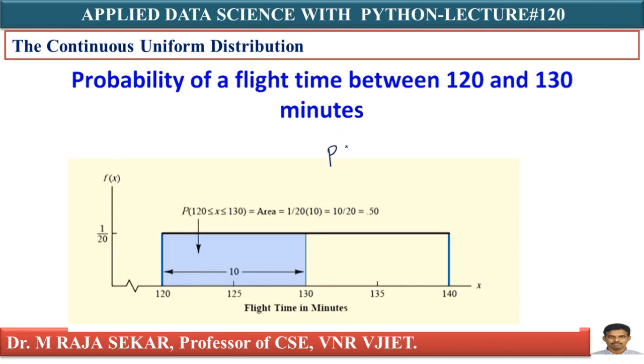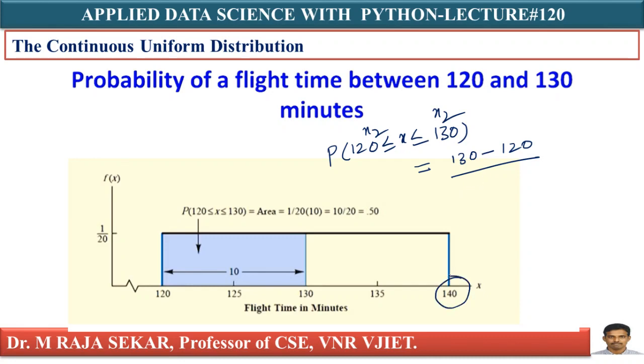I can say I need the probability of x between 120 and 130. I already discussed the formula. This is x1, this is x2. x2 minus x1, that is 130 minus 120, by b minus a. What is my b? The upper limit, 140.